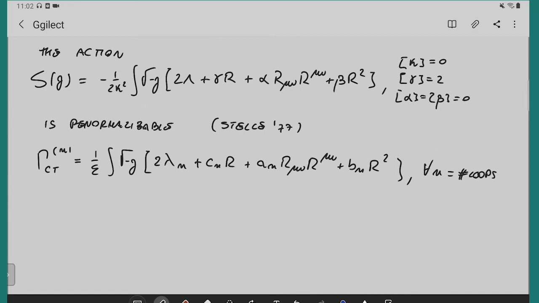But since you have a gauge invariance in this theory, which is the invariance under diffeomorphisms, you will have your physical field, you will have a ghost, an anti-ghost, and a Lagrange multiplier, in an analogous way as in QCD.